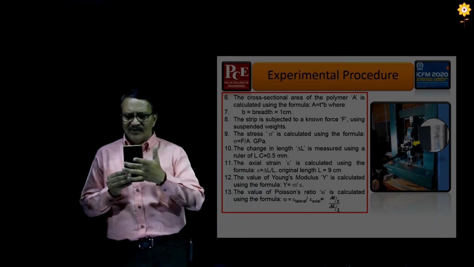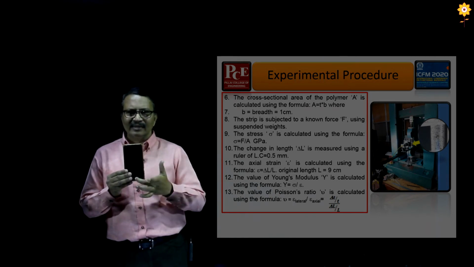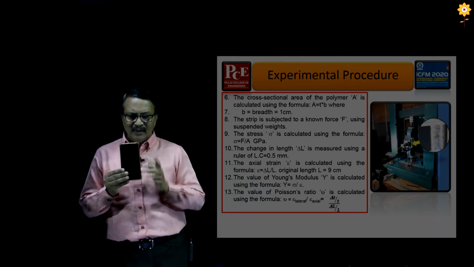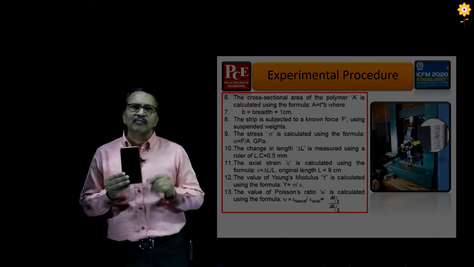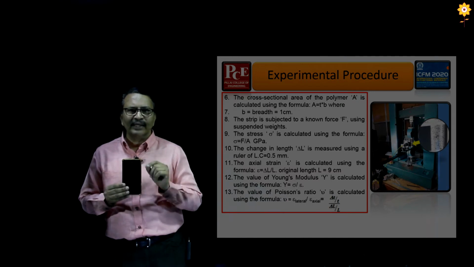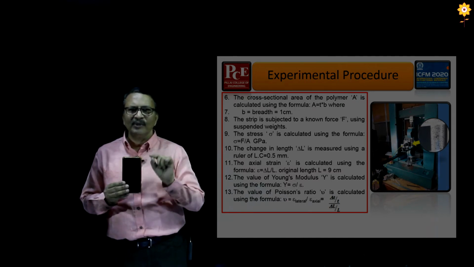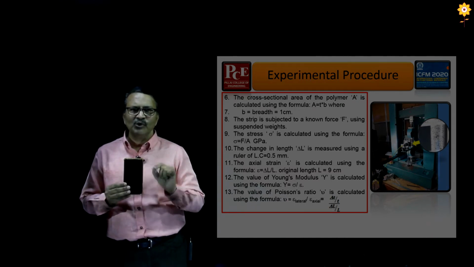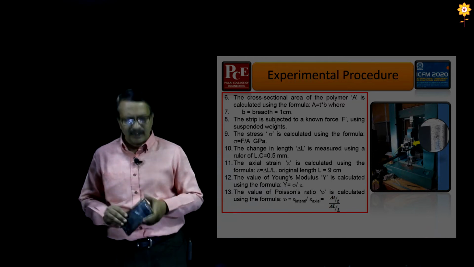Both of them, this as well as this, and this one as well as this one, are perpendicular to each other, and hence these extensions can be used to find out the Poisson's ratio.